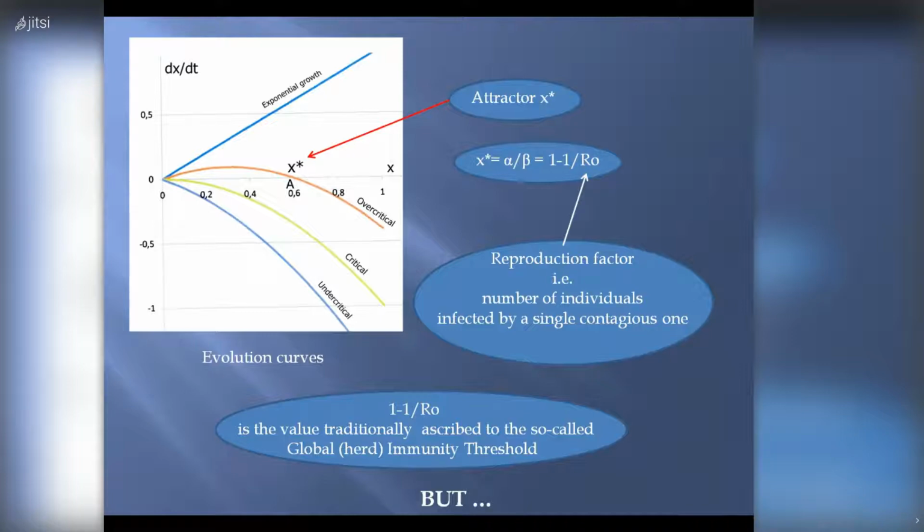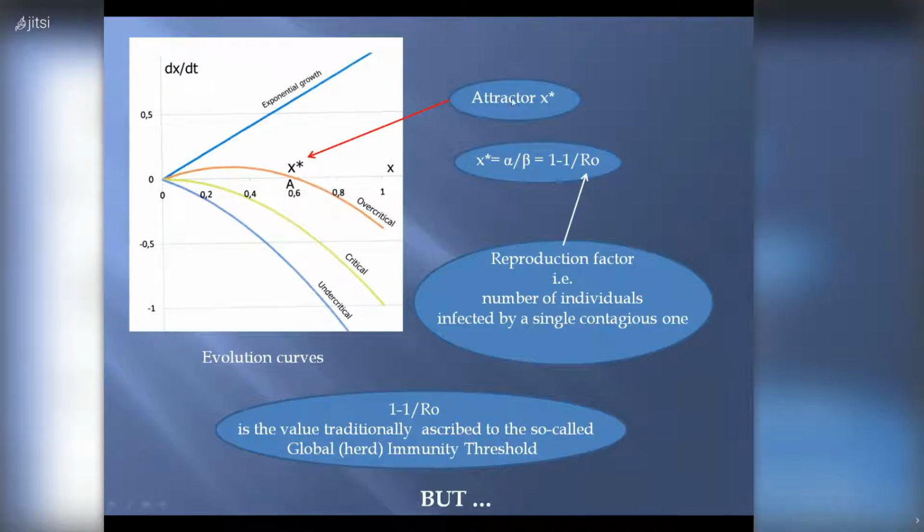And in addition, if you depart from the attractor on the right-hand side, for instance, sorry for the arrow, yeah, here it is. If you depart from A on the right-hand side, then the derivative is negative, which brings the system back to A, and conversely on the left-hand side. So A is some kind of potential well in which the system is trapped.